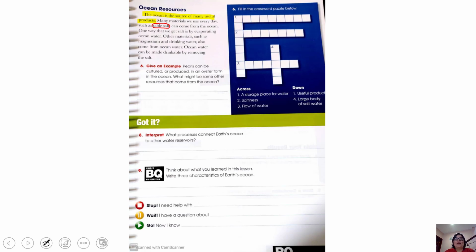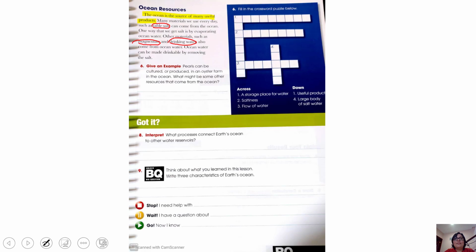Other materials are magnesium here, and drinking water also comes from the ocean. How? You already know. If you evaporate the water and take away the water, there is a process that we have to follow to take away the salt from the water and to be able to drink that water.